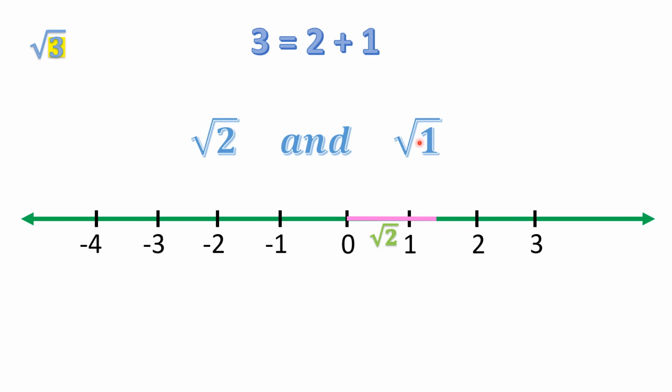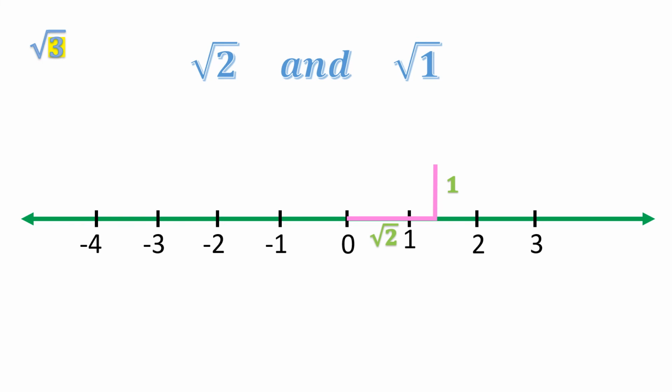Then I take lines with these measurements. First, I take a line with length root 2 units. Next, I draw another line with length root 1 unit. Now you must be wondering why I didn't put a root here: because root 1 is 1 itself, so it is 1 unit or root 1 unit.